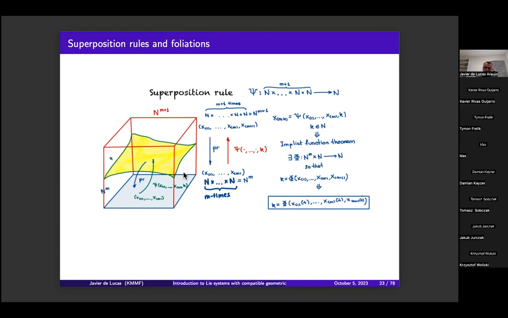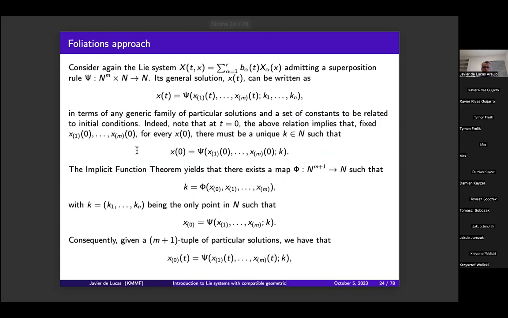And it is satisfied that for n+1 particular solutions, this gives you a constant. So this is what they thought, that a superposition rule is nothing but a lift on a certain boundary. So I will sketch how the Lie theorem works, how it can be proved.